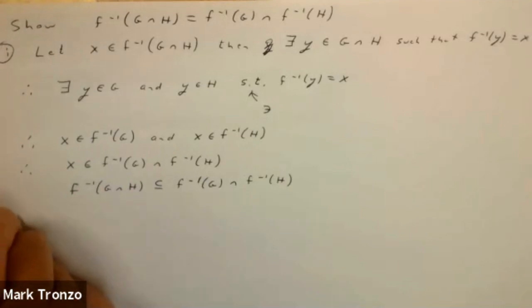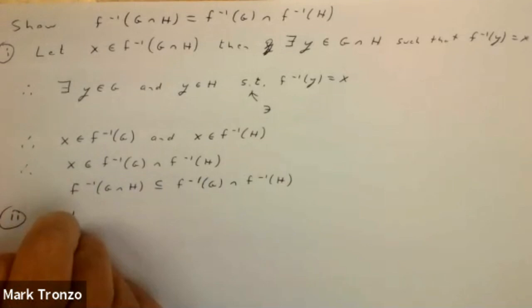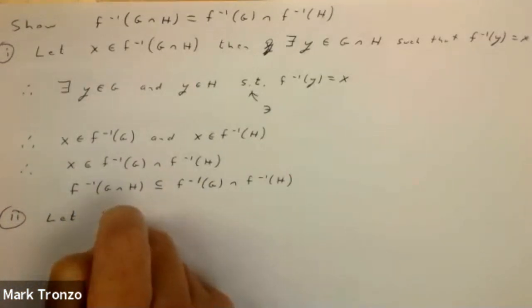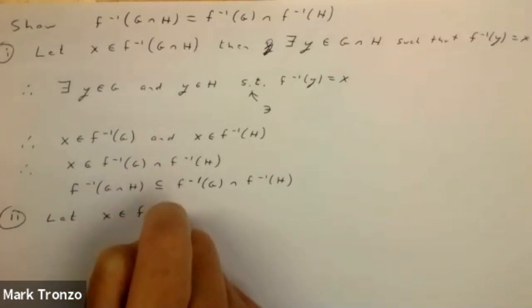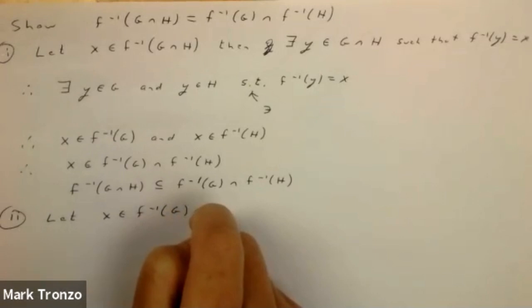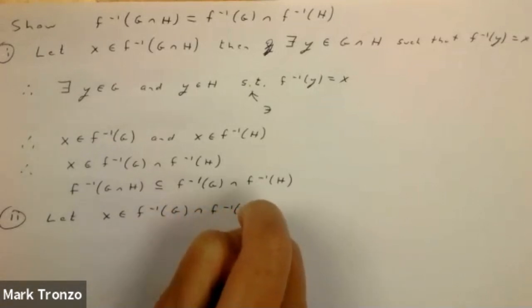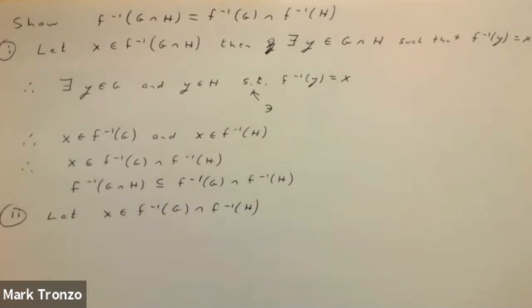So now going the other direction, we'll pick something on the right. Let x be in the right-hand side set. Pick something that is in there.